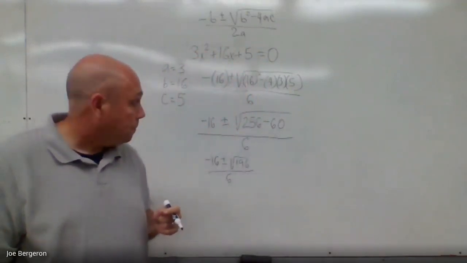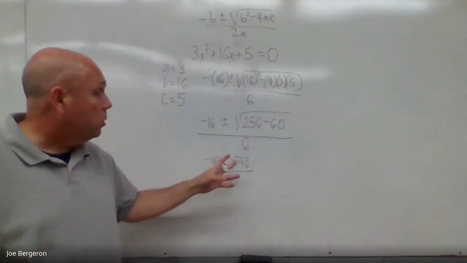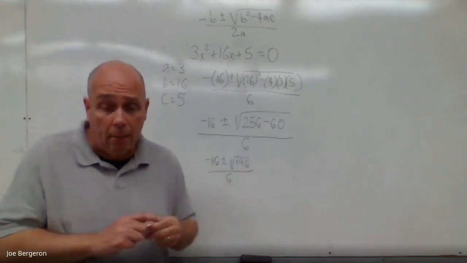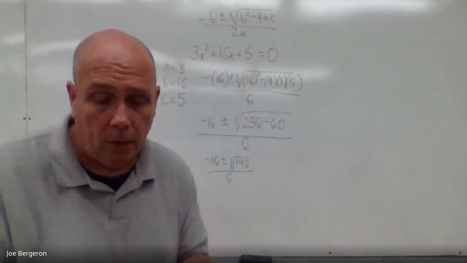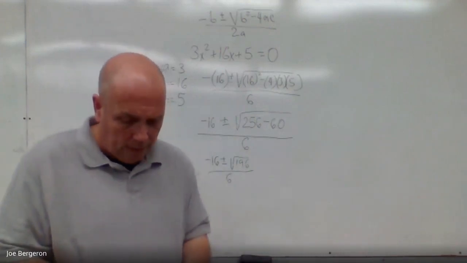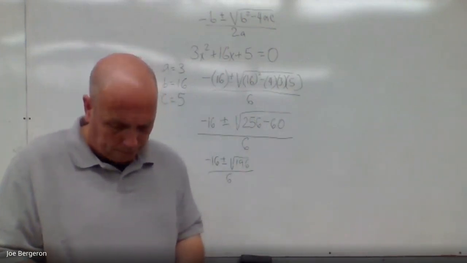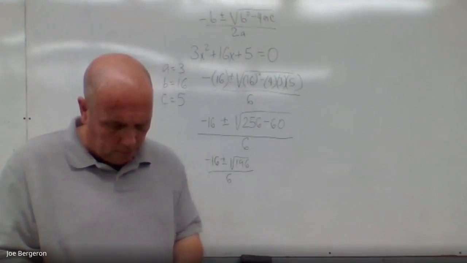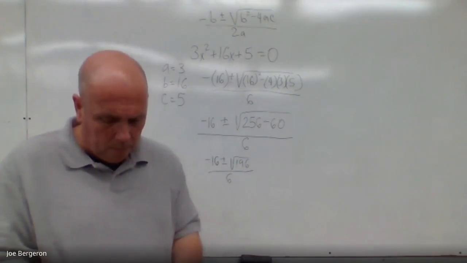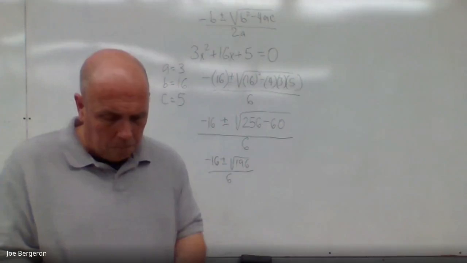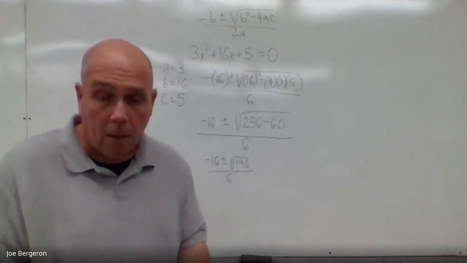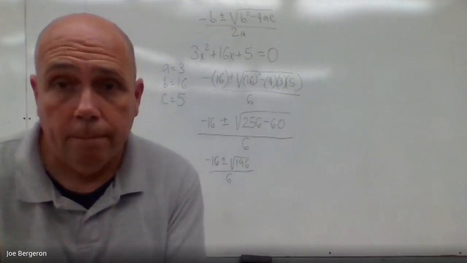Okay. Now, the square root of 196, and again, we're working on the discriminant first, would be 14. Okay.